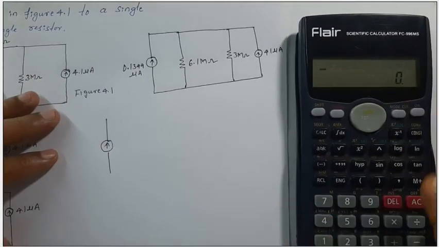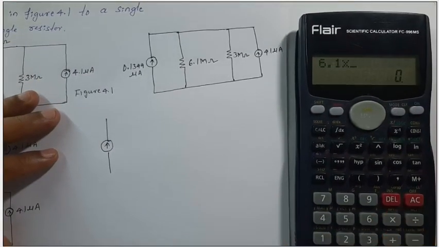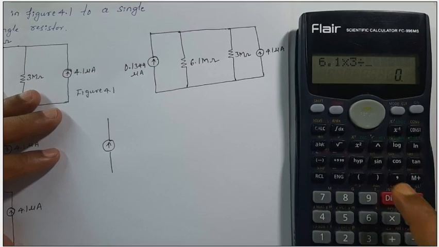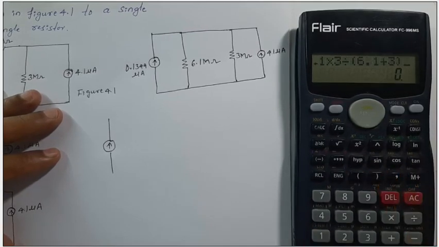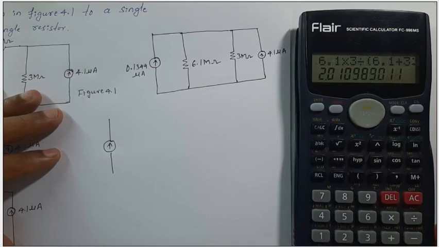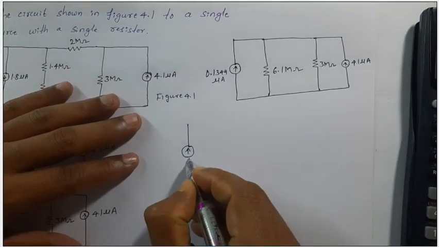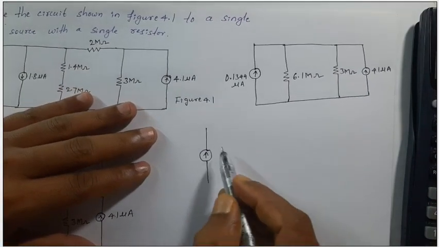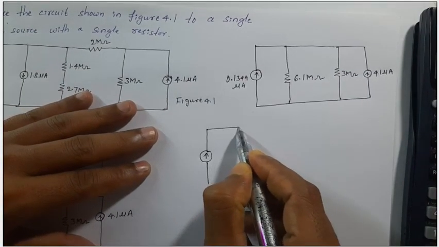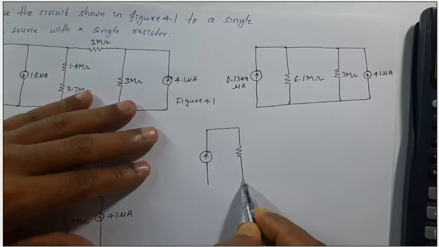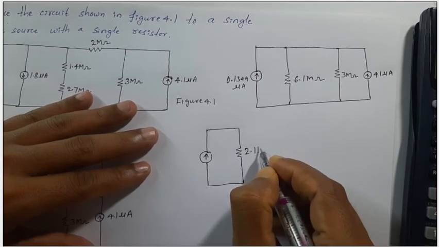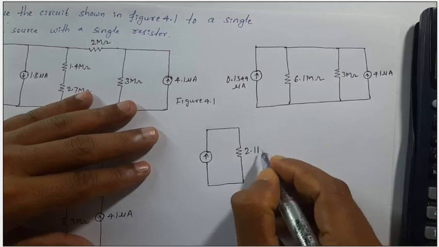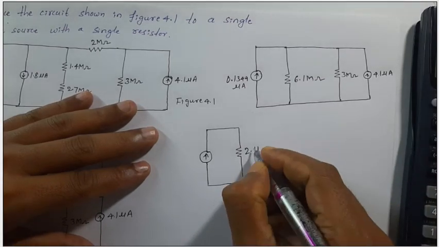It is 6.1 into 3 divided by 6.1 plus 3, which is equal to 2.011 mega ohm. So this parallel resistance is 2.011 mega ohm.